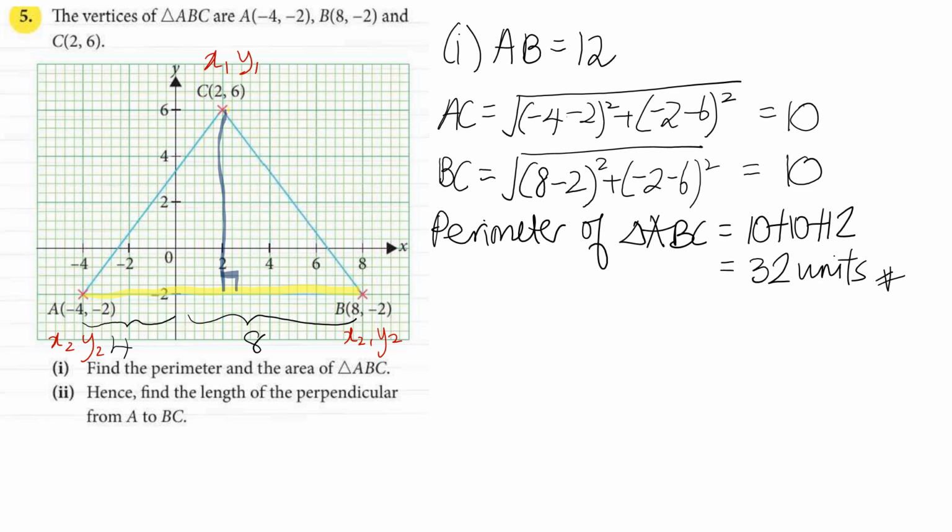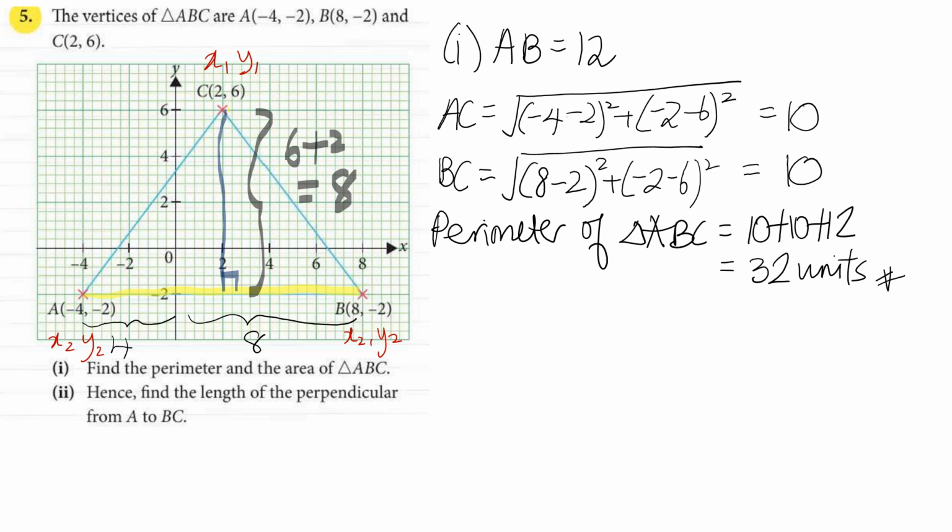The vertical height would be from here to here, which is 6 units plus 2 gives you 8. And we already found your horizontal distance AB to be 12 units.